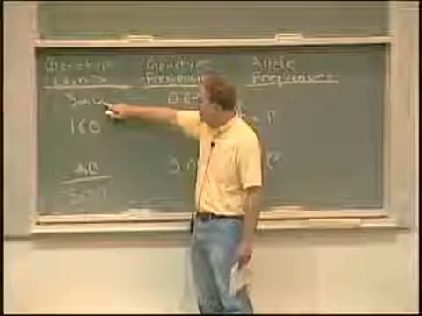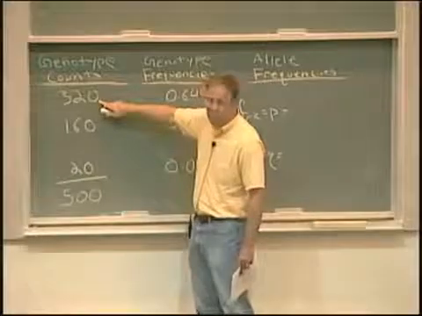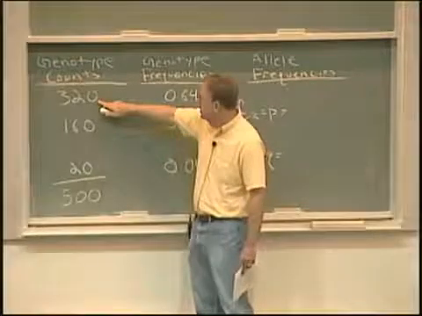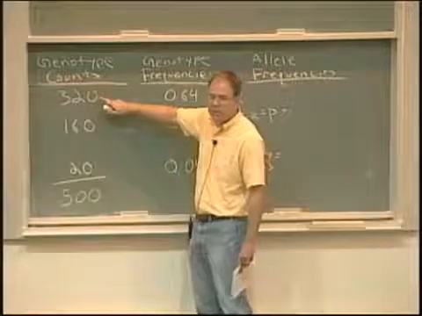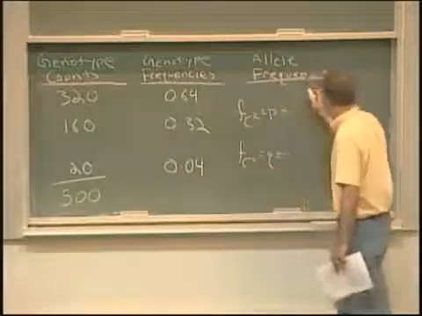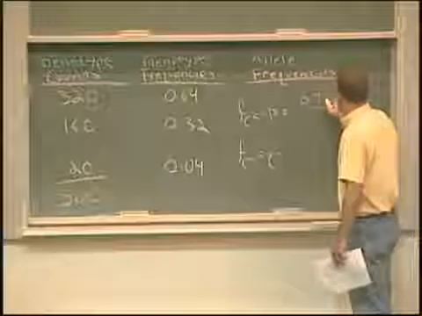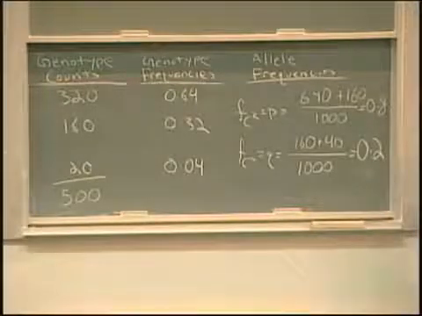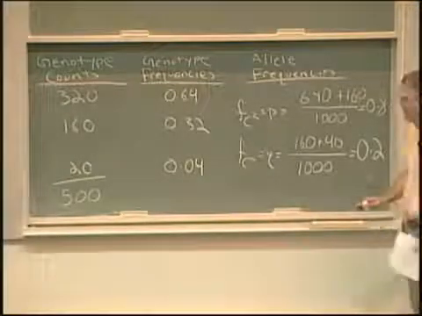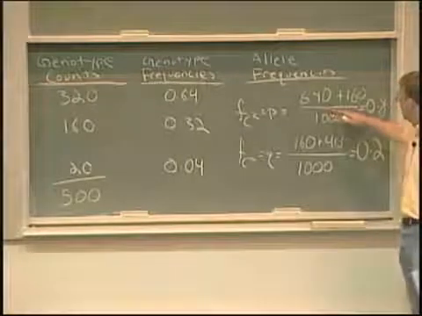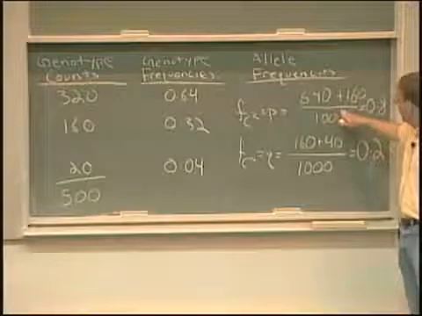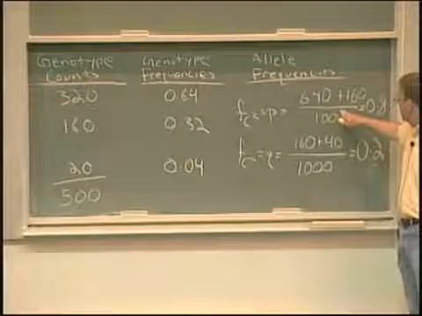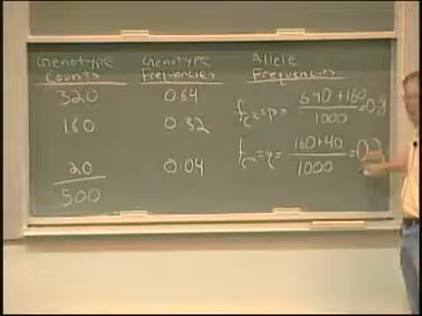Okay. Now, how many of these alleles are found in the homozygous individuals? Well, if we want to count up the number of CR alleles, how many are in the homozygous individuals? Well, there's 320 times 2, right? There's 640. If the frequencies don't sum to 1, you've made a mistake somewhere. And it's always tempting, of course, if you're very confident, which I'm not, but if you're pressed for time, maybe like in an exam, you can say, well, I'll just calculate the frequency of these individuals and then use subtraction to get the frequency here, right?